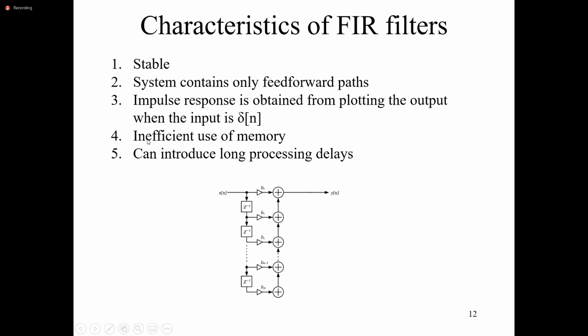The bad thing is that they are inefficient in the use of memory. They're very wasteful of memory, and memory in the hardware design of DSP chips is a very valuable component. That's fast memory. And finally, they can introduce long processing delays.